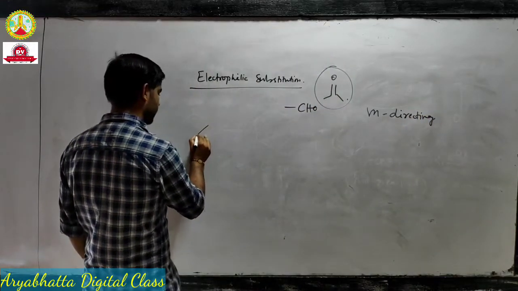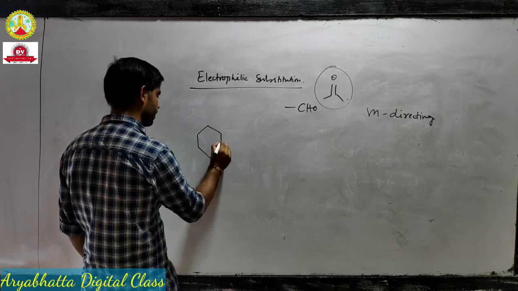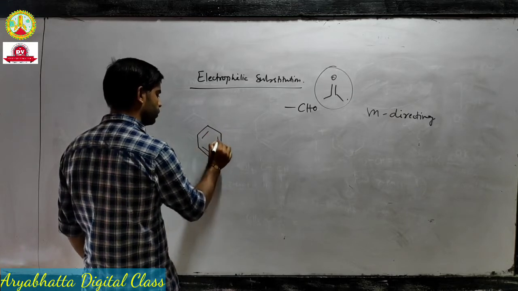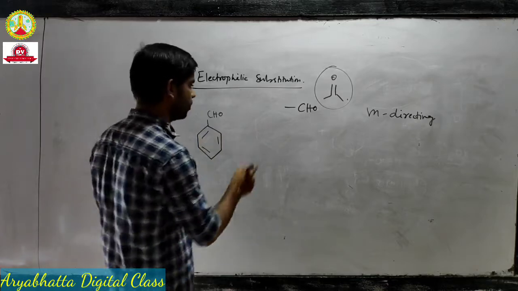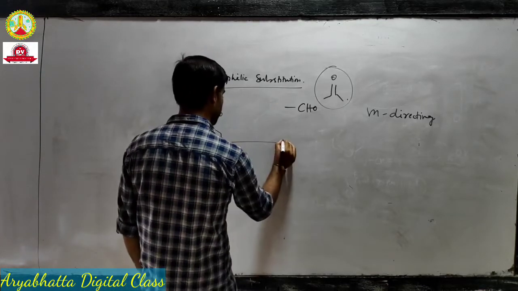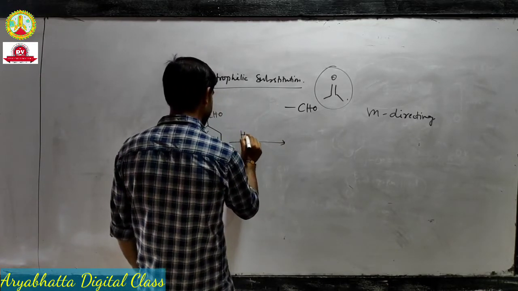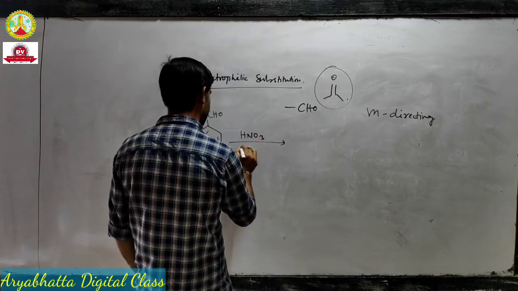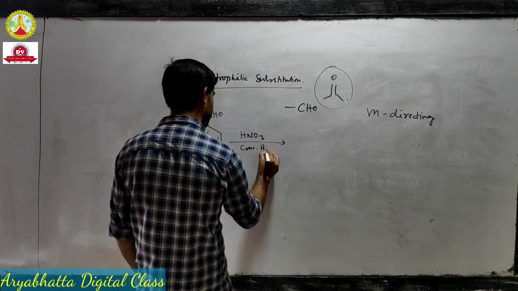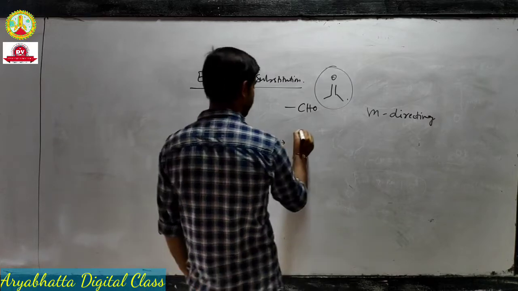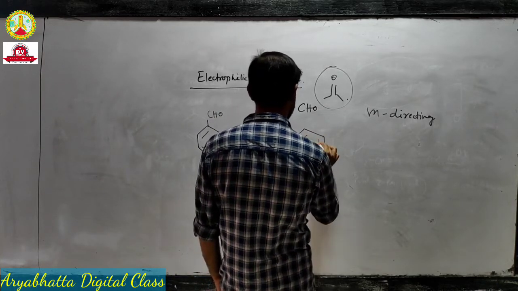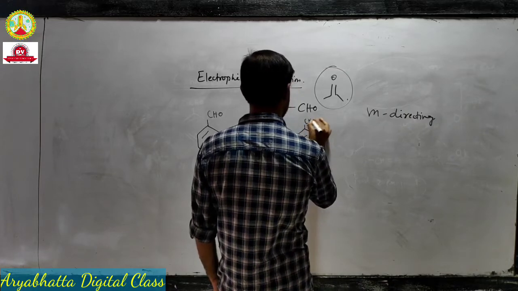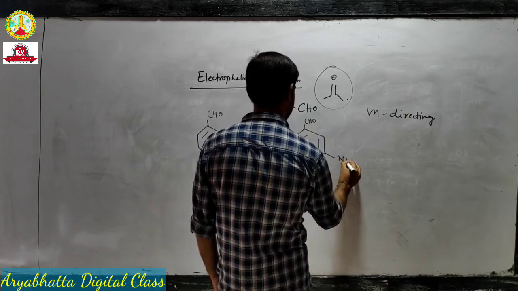Electrophilic substitution is not that easy or convenient in aldehyde and ketone because it's a deactivating group. So we have HNO3 and concentrated sulfuric acid. That means we are doing nitration. It will go to the meta position.